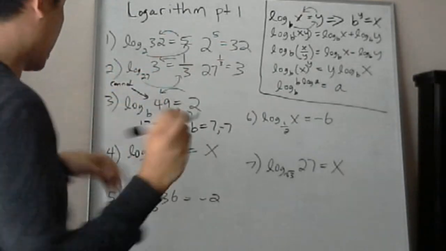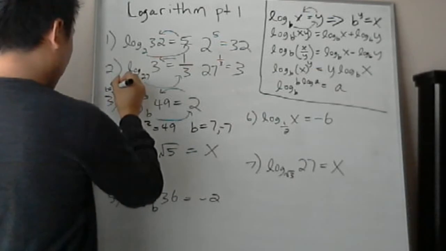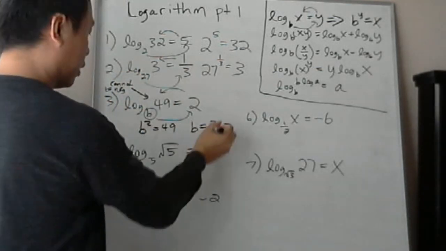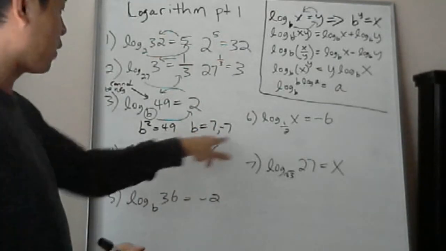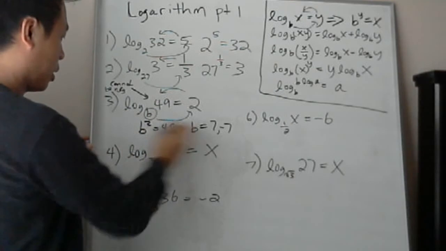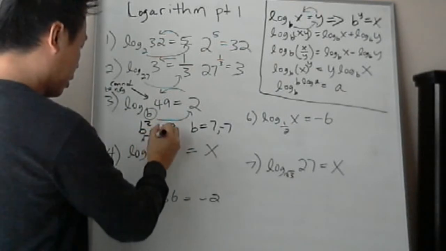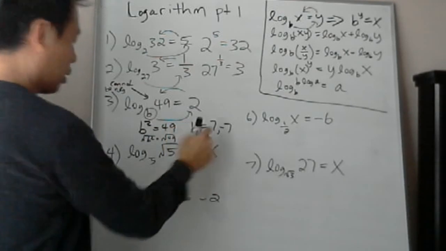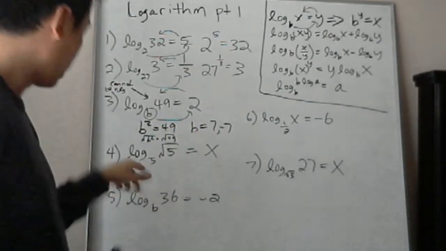I don't want to confuse you right now. But right now, the base is okay. It can be negative. So the answer is b equals 7 or negative 7, because b squared equals 49, and you take the square root of both sides.